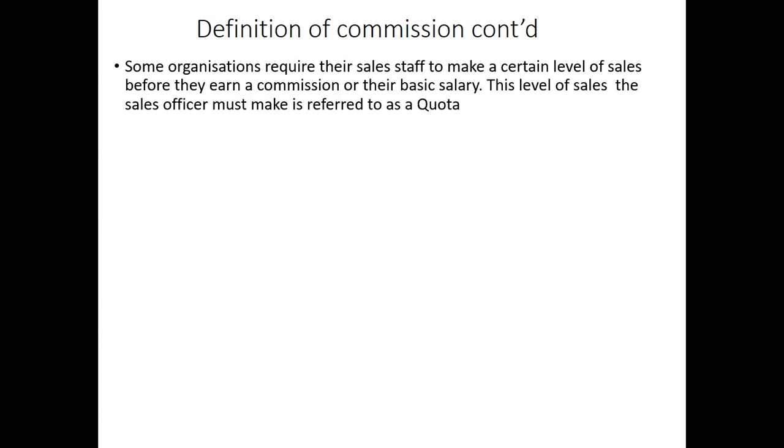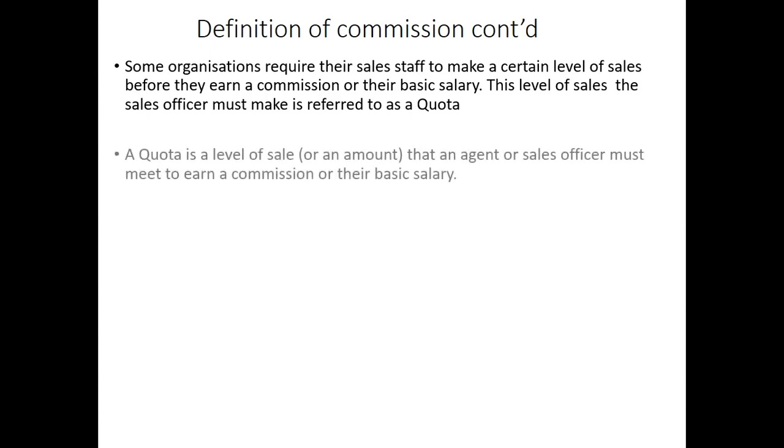For instance, if an organization sets a quota of, let's say, 200 cedis, and you make a sale of 350 cedis, they subtract your total sales minus the quota, and that gives you 150. So they only calculate the commission on that 150, not on the total sales. Do you get it? Let's proceed.